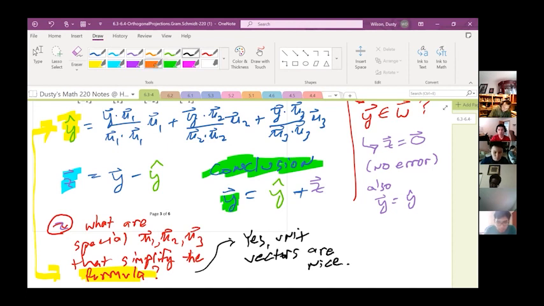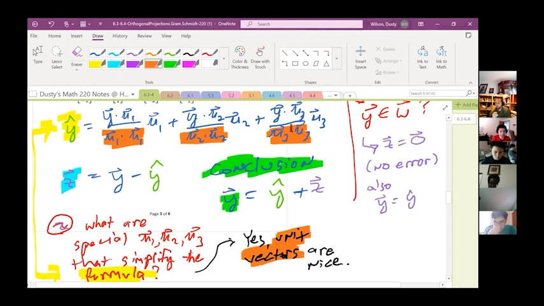So think about it here. If we had unit vectors, what's going to happen to u1 dot u1 and u2 dot u2 and u3 dot u3? Not so much a lot of zeros as you'll get a lot of ones. All those denominators are going to be 1.